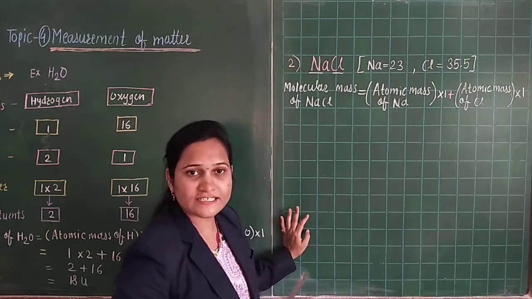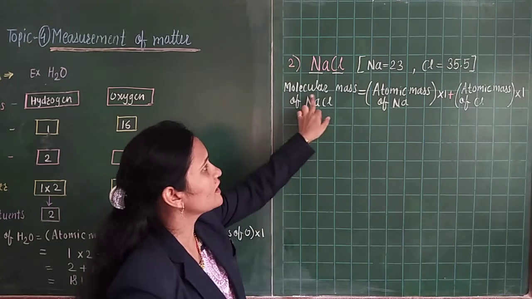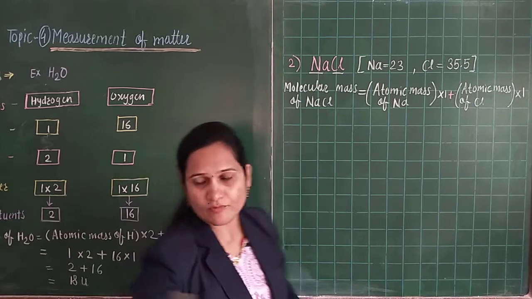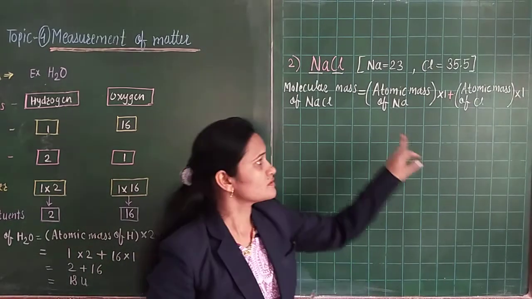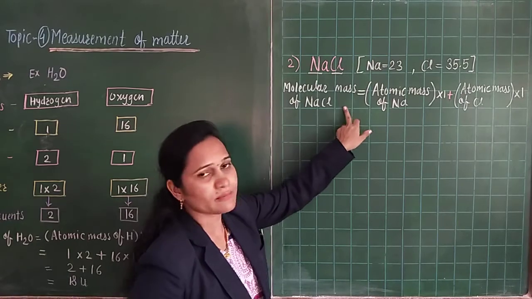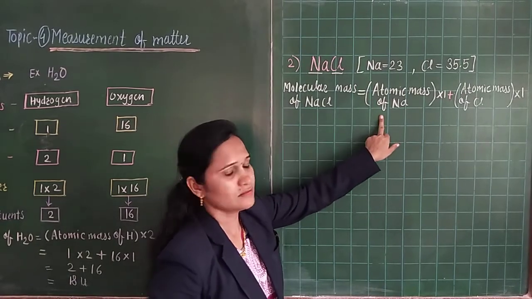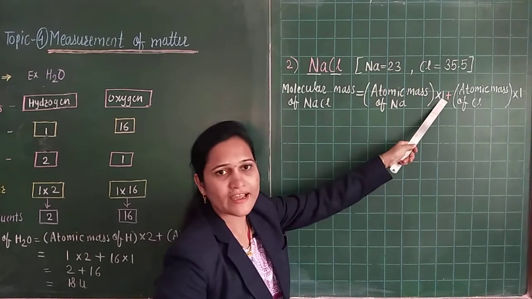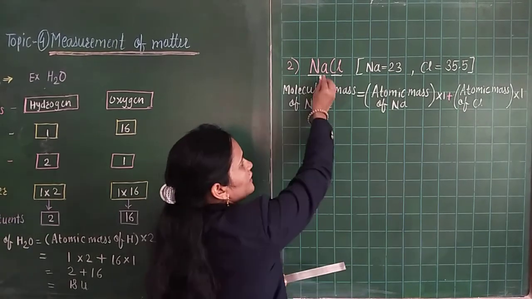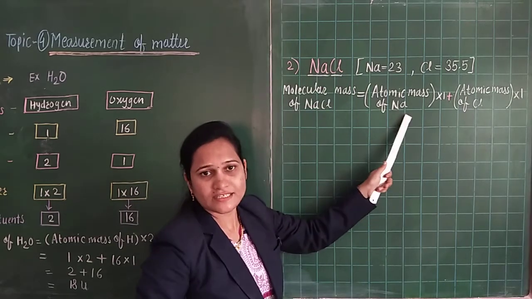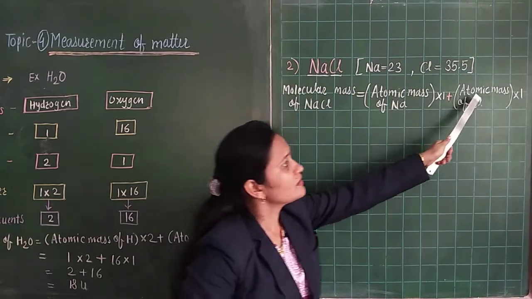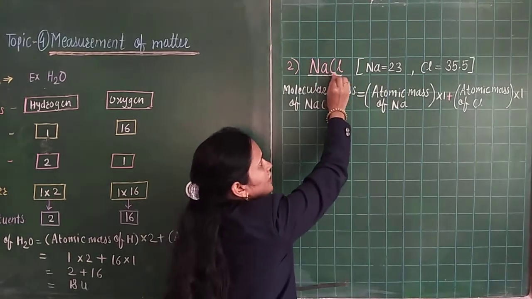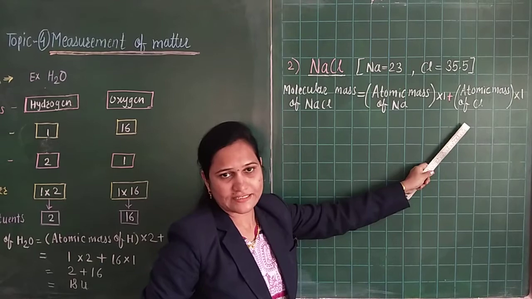By using this we can calculate the molecular mass of sodium chloride. In the same way, we use the formula: atomic mass of Na into 1. Why have I written 1 here? Because only 1 atom is present there, and atomic mass of Cl into 1, here also only 1 atom is present.